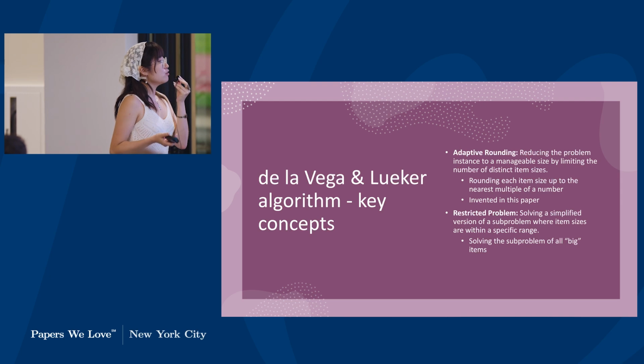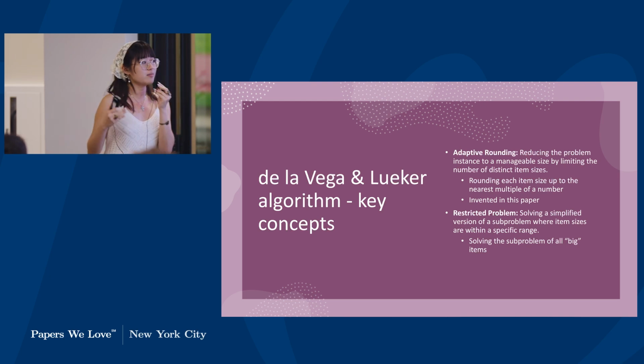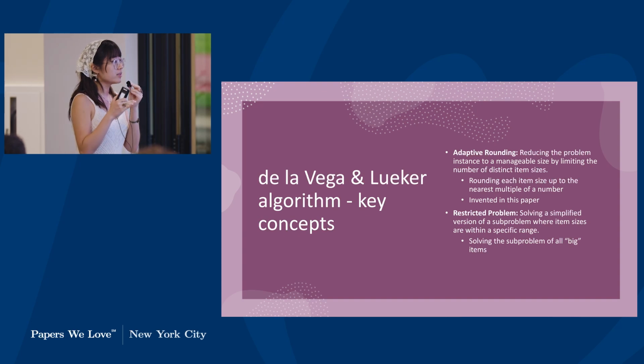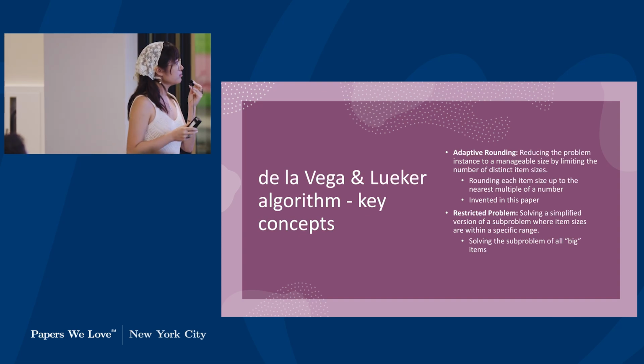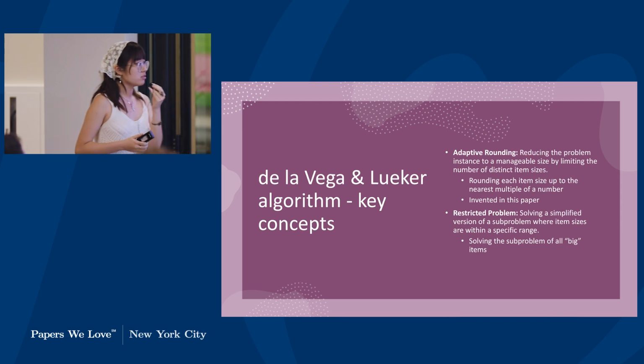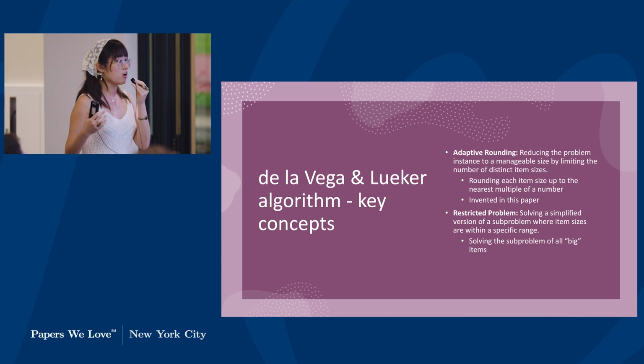That means rounding each item size to the nearest multiple of a number, or putting each number into a separate bucket and assigning the same number to every number in a bucket. And then the next key concept is using a restricted problem, meaning solving a simplified version or a subproblem where item sizes are within a manageable range as opposed to the whole range of the given problem.